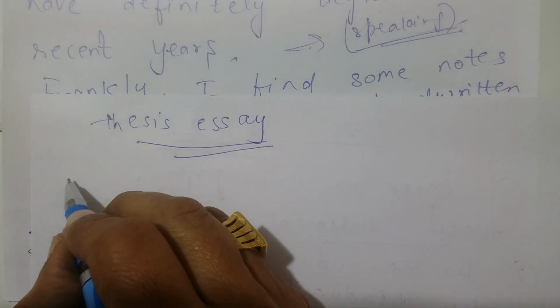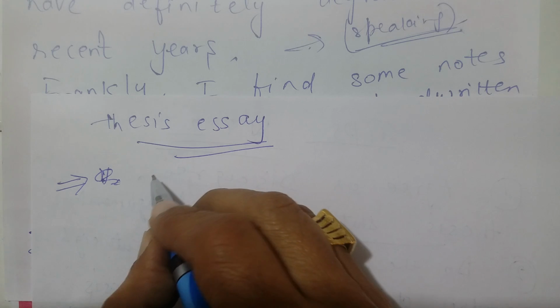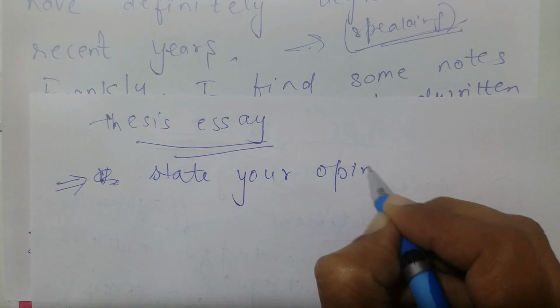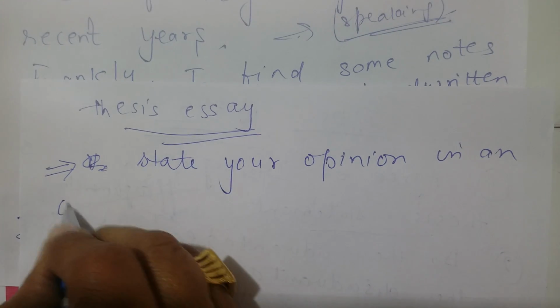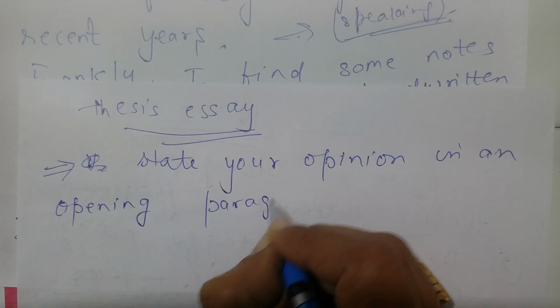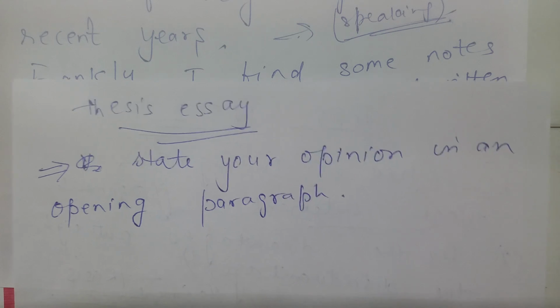The main thing we have to note here, a kind of star, I don't know how to make a star, right? State your opinion in an opening paragraph. We have to state our opinion in the opening paragraph. This is the main point of my thesis essay.